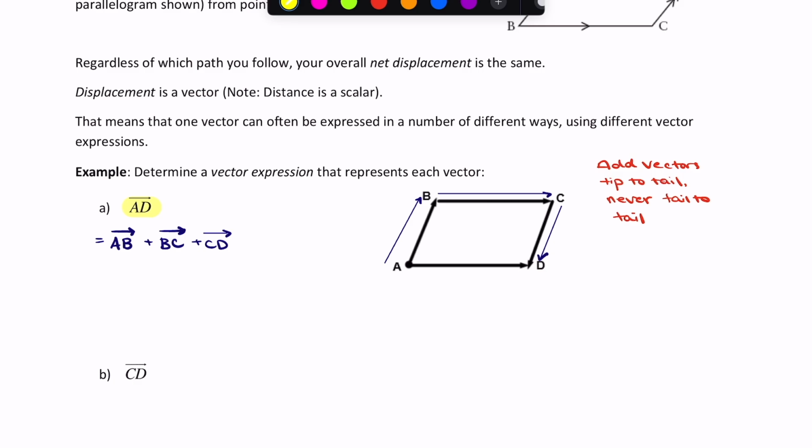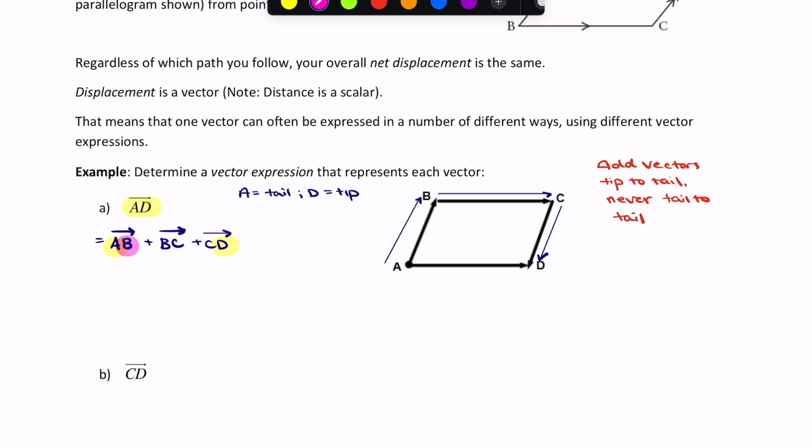And so here, we know that A is our tail and D is our tip. So if you write these vectors correctly, you'll notice that it starts with the tail and ends with the tip. And what we'll notice here is that each vector goes from tail to tip.